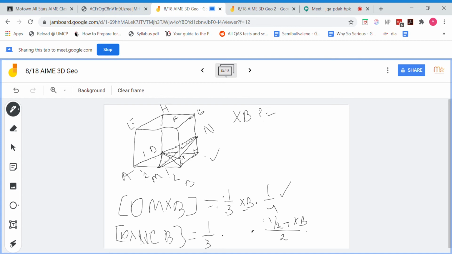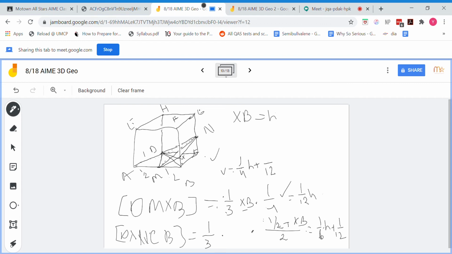The volume of the smaller solid is, let's see, this comes out to be 1/12 XB, which let's call XB H. So this is 1/12 H, and this is 1/6 H plus 1/12. And so the total volume is then 1/4 H plus 1/12.